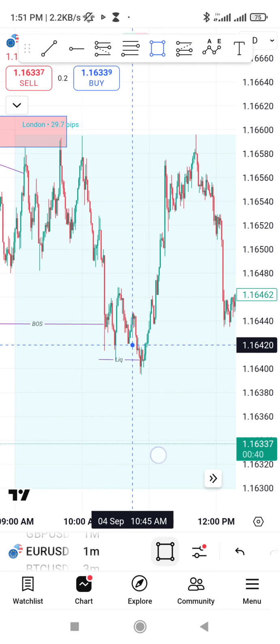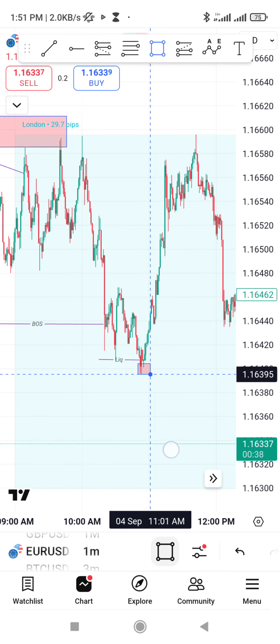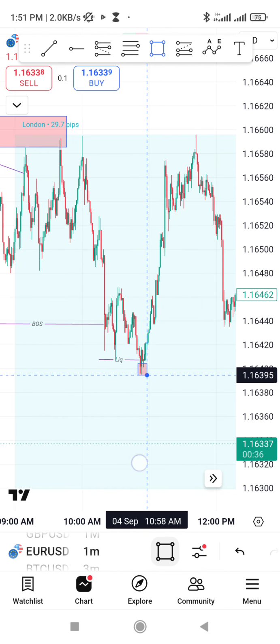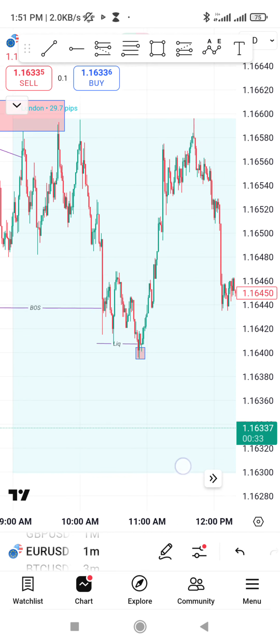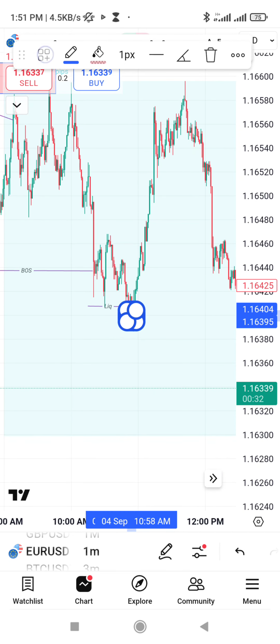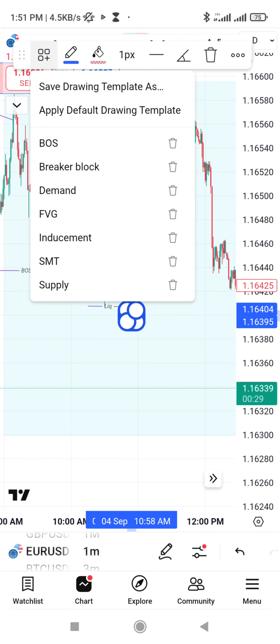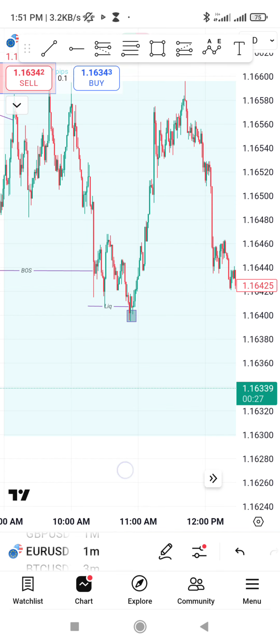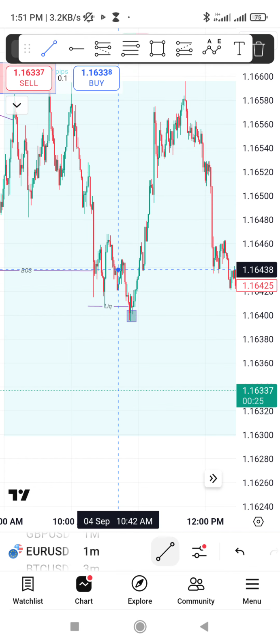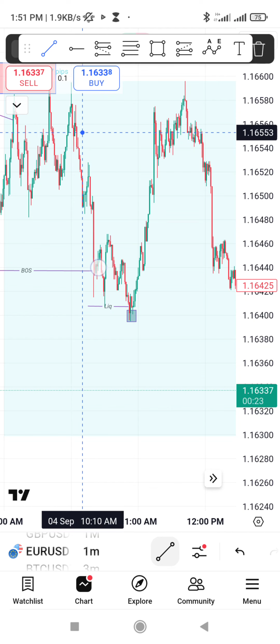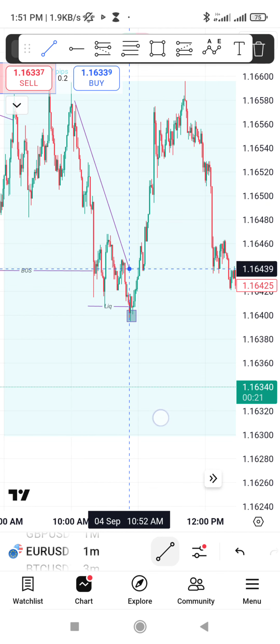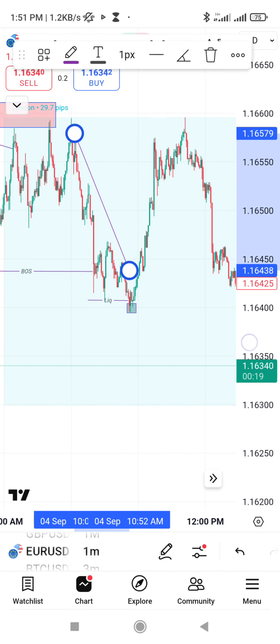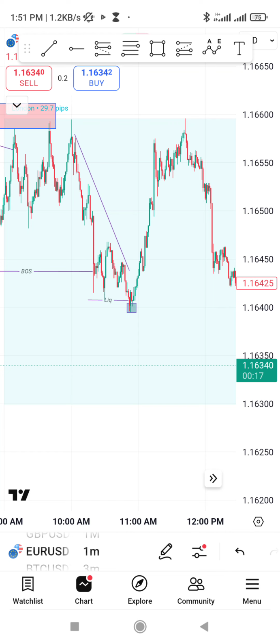It had another very nice inducement, which is this. And obviously, like I said, whenever there is an inducement, there is a liquidity that will be targeted, and that's basically something little like this. The liquidity is usually a trend line, equal lows, equal highs, session highs and all.